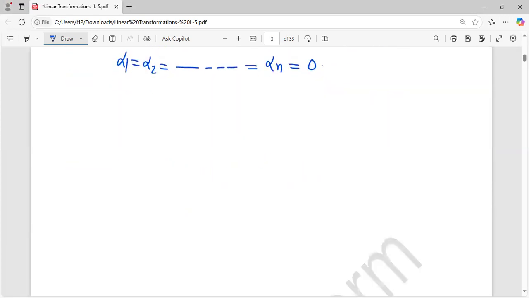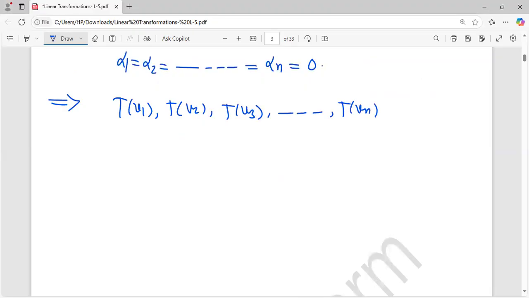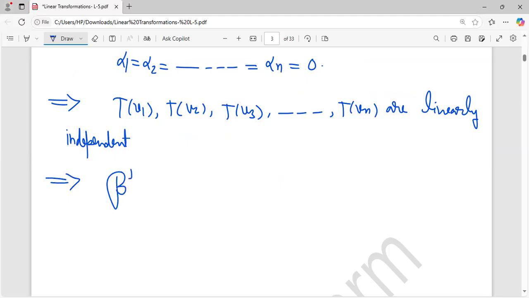So this implies Tv1, Tv2, up to Tvn are linearly independent. So B dash is linearly independent.